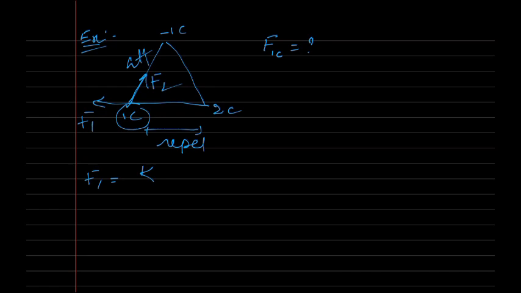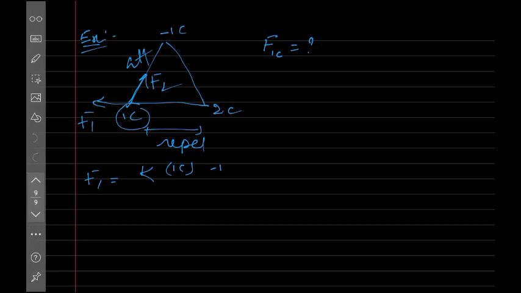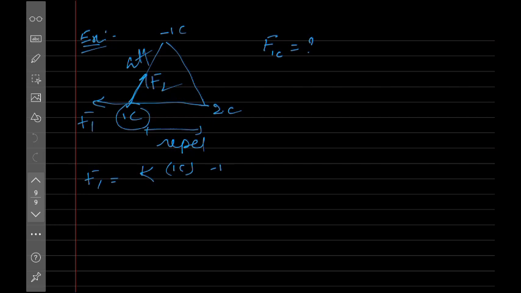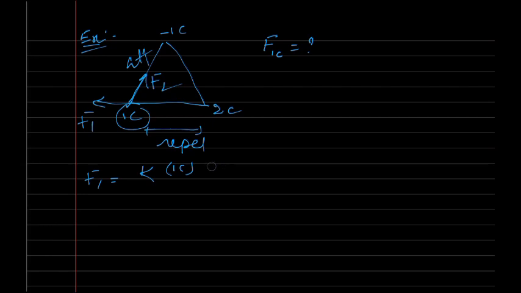Okay, Q1 is how much? So this is 1 coulomb and minus 1 coulomb. I'm writing the magnitude only, so I'm ignoring this minus sign. So this is 1 coulomb again, magnitude for magnitude.